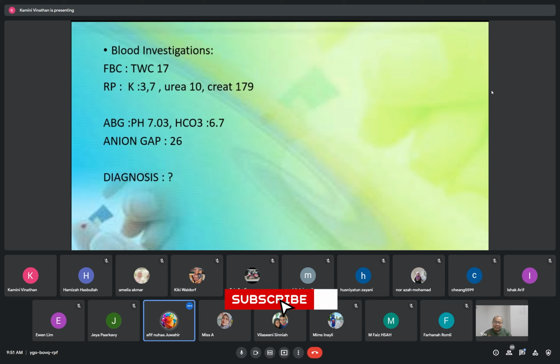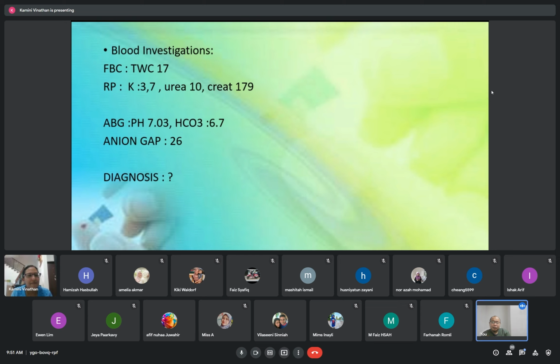Plasma sodium minus chloride plus bicarb. Okay, so all the positive ions minus the negative ions, and then you get the anion gap lah. So the positive ions is sodium, and the negative ions are chloride and bicarb lah. Kalau ikut yang lama punya, dia tambah potassium.